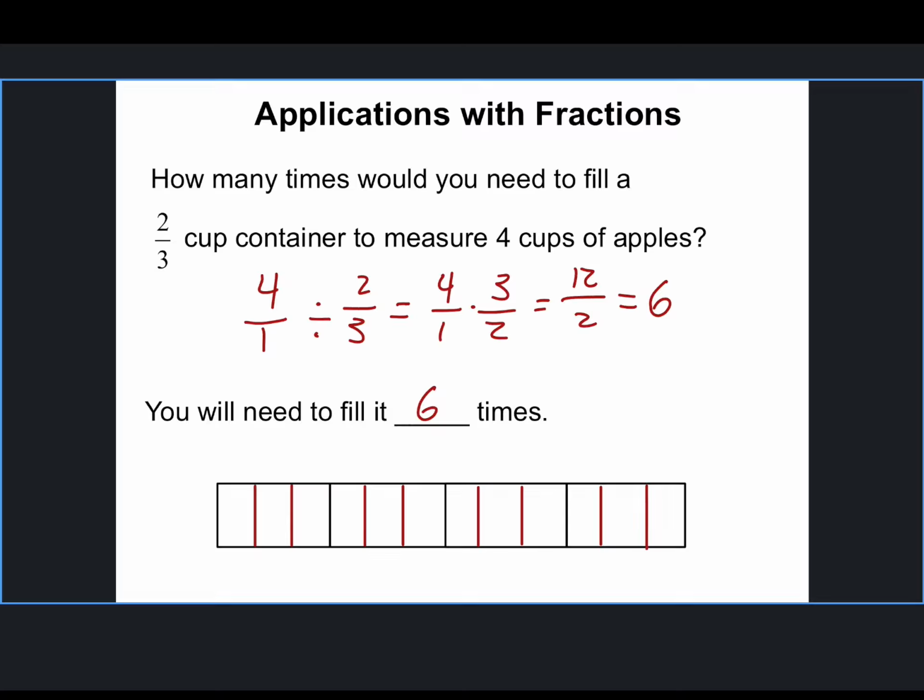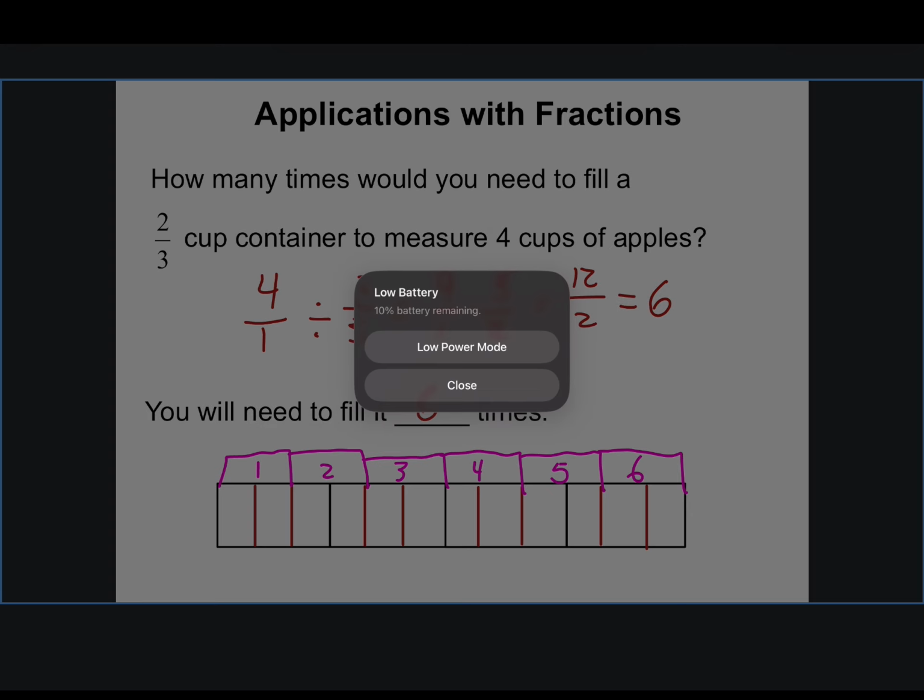So how many groups of 2/3 do we have? Well, there's 2/3, there's 2/3, there's 2/3, there's 2/3, there's 2/3, and there's 2/3. So 1, 2, 3, 4, 5, and 6. For those of you visual learners out there.